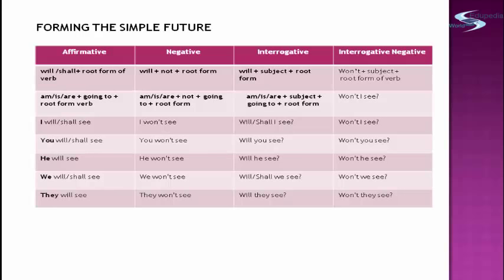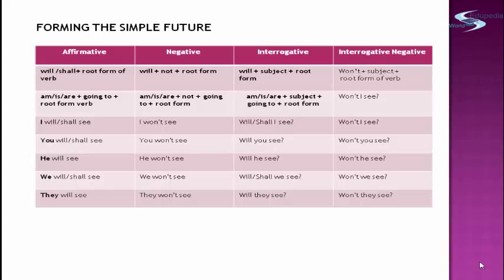If we would like to make a question, or if we would like to use the simple future tense in the interrogative, the pattern is will plus subject plus root form. And in the going to, it is am, is, are plus subject plus going to plus root form.